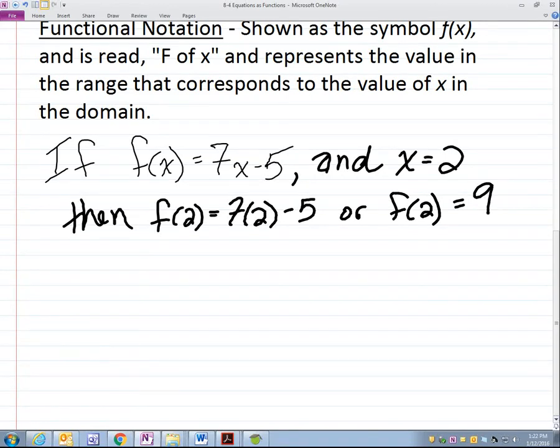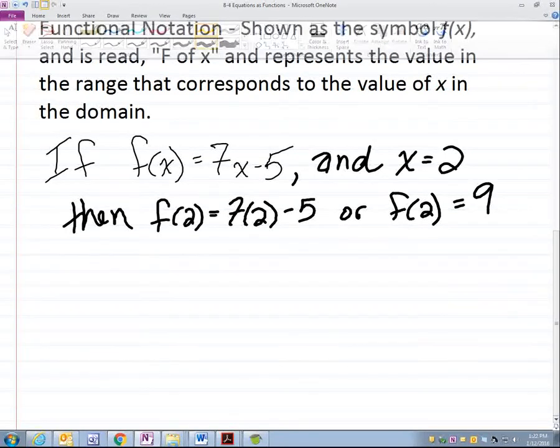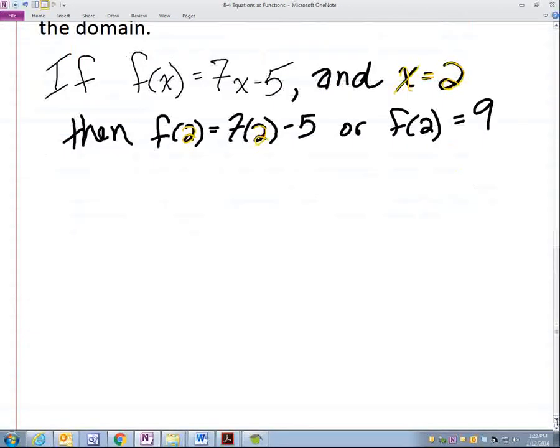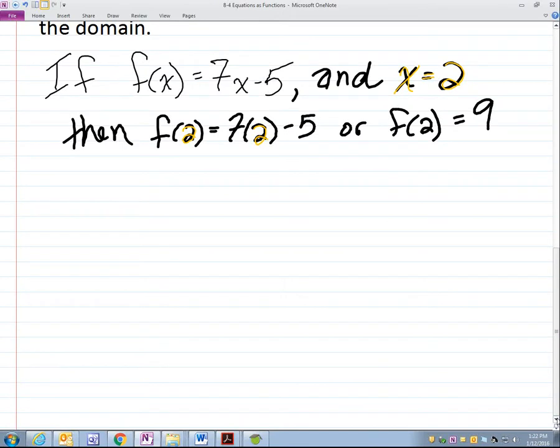So what we did, for those that may not have caught it: x equals 2, here's your x, here's your x. The word function, to know it's a function. No, it's not times 2.